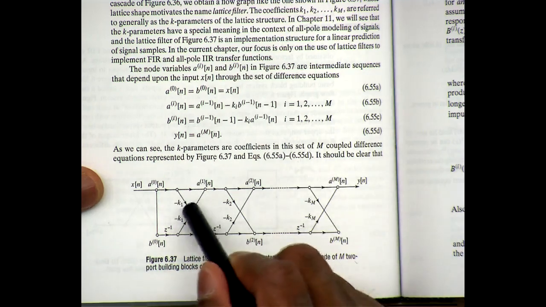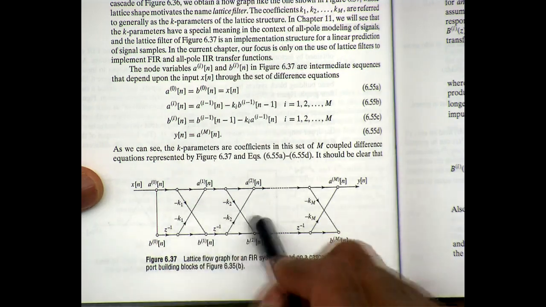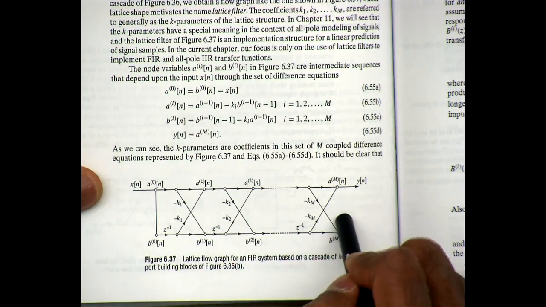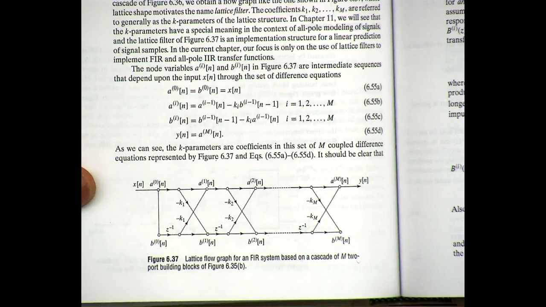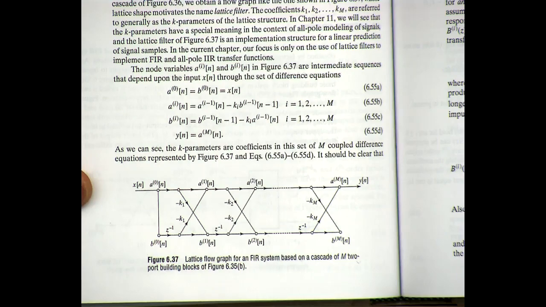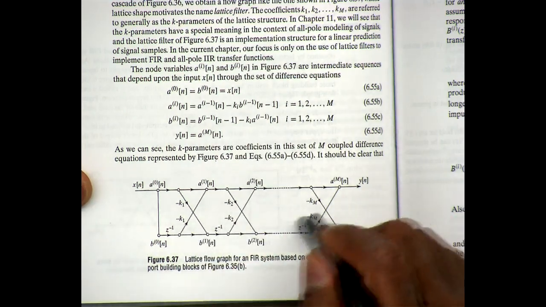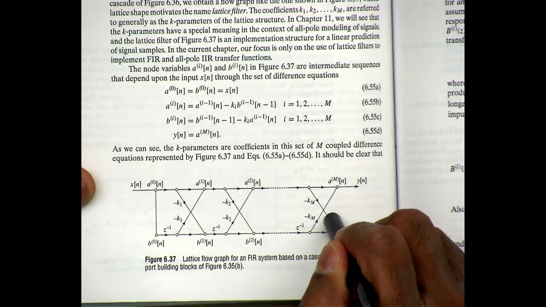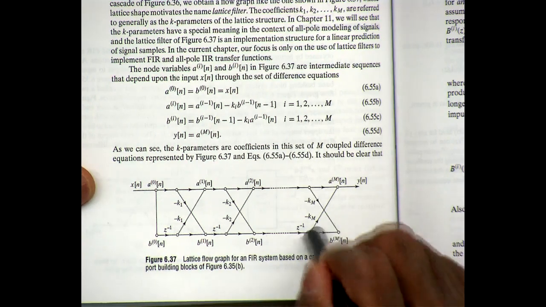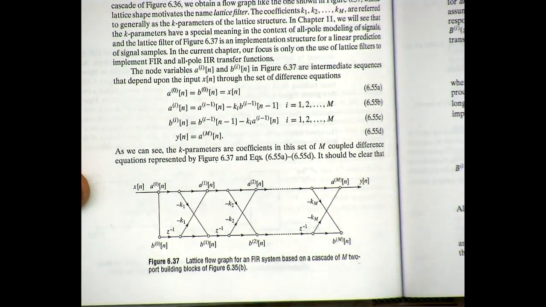So these k coefficients that form the basic part of this structure here are going to be always between -1 and 1. So even if the direct form filter coefficients are 30, 50, whatever, these coefficients will be bounded between -1 and 1 if all zeros are within the unit circle.